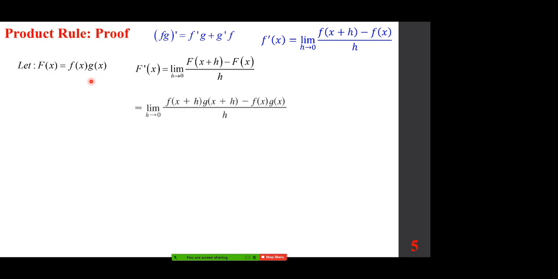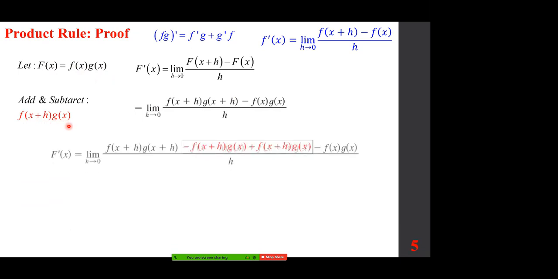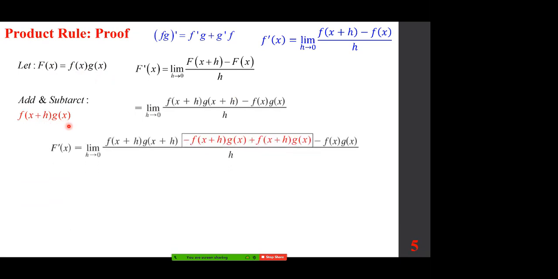This is basic algebra. And now when you want to prove that, it involves a trick. The trick is that you have to add and subtract f of x plus h times g of x. Okay, so you are adding and subtracting. So first you subtract, then you add.